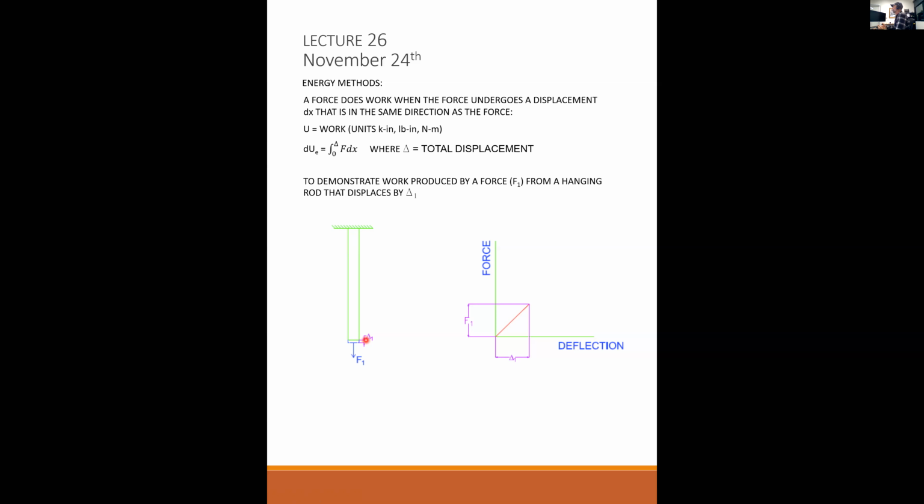Once you stop loading it, the load stays there at a stable deflection of delta 1. What these actual numbers are is not important at this moment. It's just that delta 1 is associated to the force of F1.